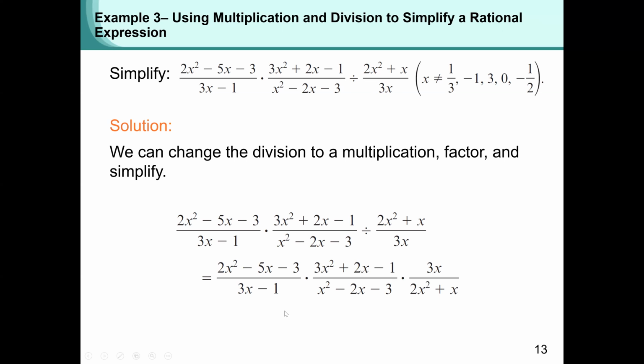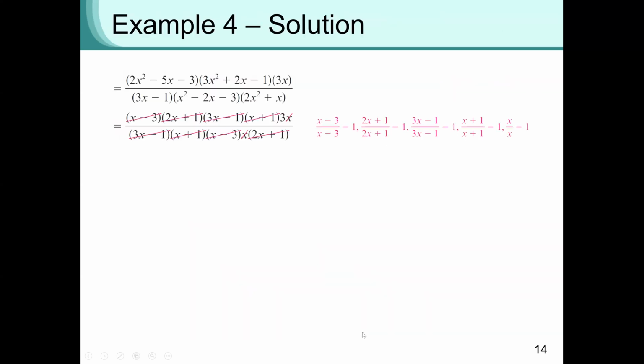Now we can try to cancel things out if it's possible. So far, I can't see anything I can cancel. So I will need to factorize, hopefully, some of the terms. So we can see what we did here. We were able to factorize some of the terms. 2x squared minus 5x minus 3, we use the techniques that we learned earlier.